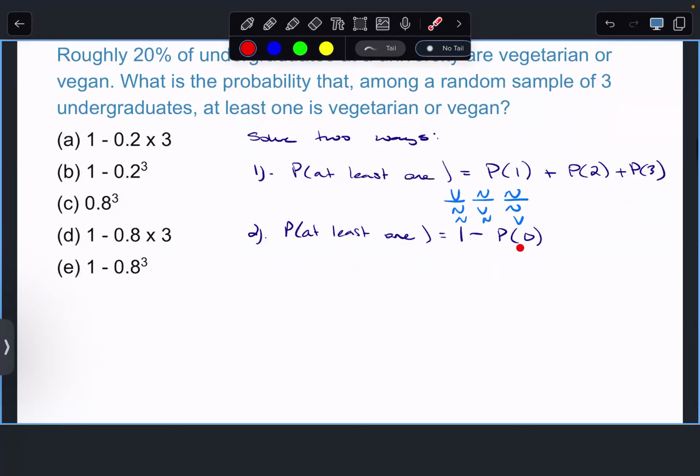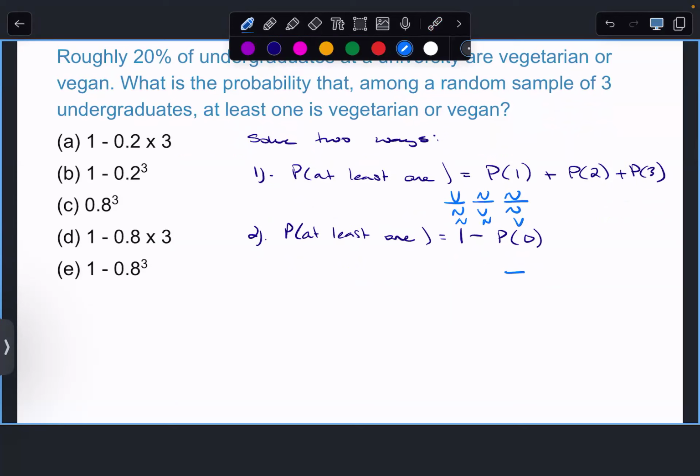So this might be a little bit easier. If I have to have 0 vegans, then I can think about first student, second student, third student. I'm forcing all of these to be not vegan, not vegan, not vegan. It's the only way that I could have 0 vegans, right? And these have a probability of 0.8, 0.8, 0.8.